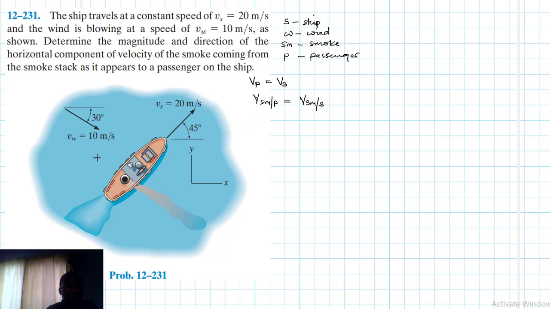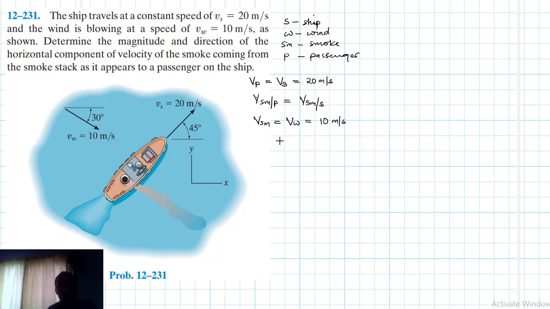And then the speed of the smoke, when this particular ship is just stationary, not moving, will be equal to the velocity of the wind, which is equal to 10 meters per second. This one is equal to 20 meters per second.